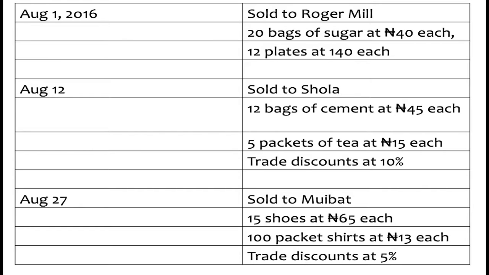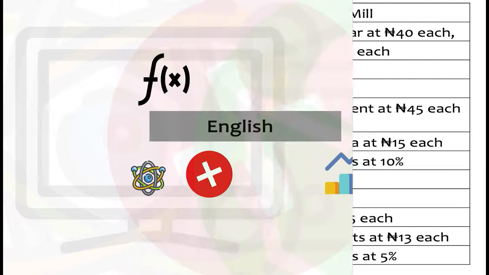Then on August 12th, sold to Shola 12 bags of cement at 45 naira each, 5 bags of tea at 15 naira each, and Shola was given a trade discount of 10%. August 27, sold to Muibat 15 shoes at 65 naira each, 100 packet shirts at 13 naira each, and Muibat also was given a trade discount of 5%.